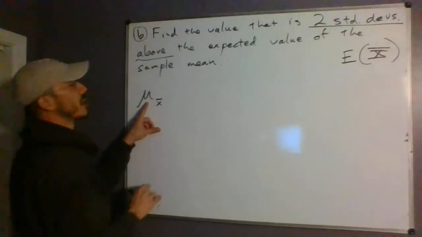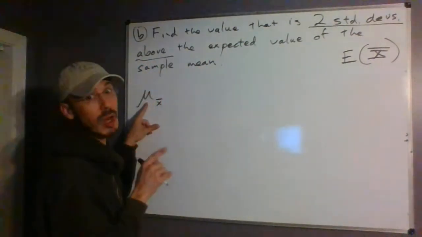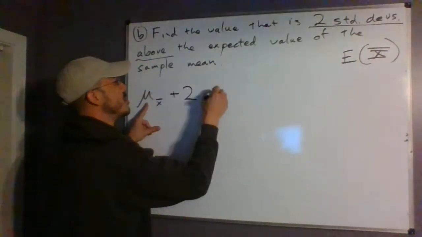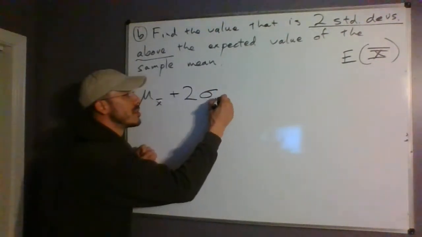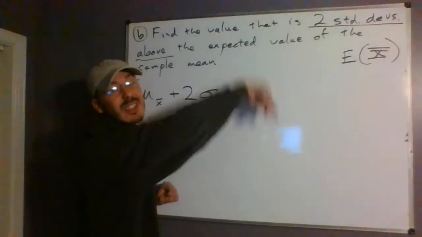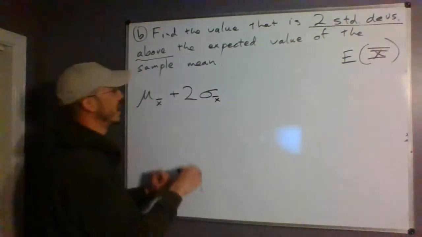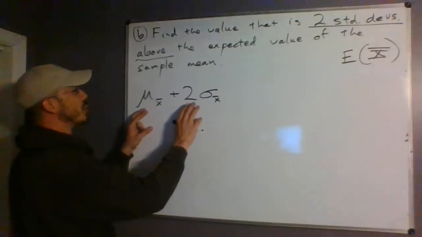We'll get back to the value in a second, but 2 standard deviations above, that means plus 2 sigma. Almost. Plus 2 sigma x bar. 2 standard deviations of this distribution, and not the original sigma. We have both of these.